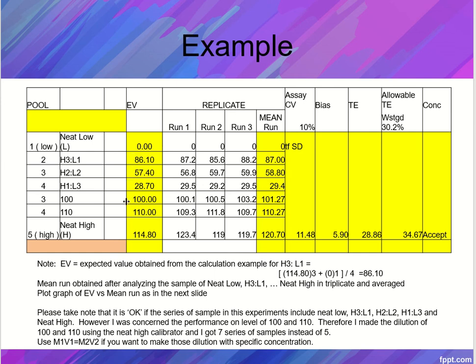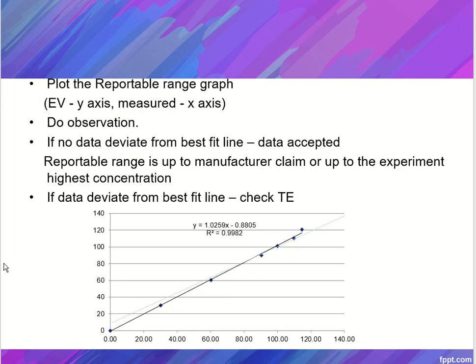You plot the data, expected value versus the mean of the run after the triplicate run. Okay, and this is the graph that we can obtain.